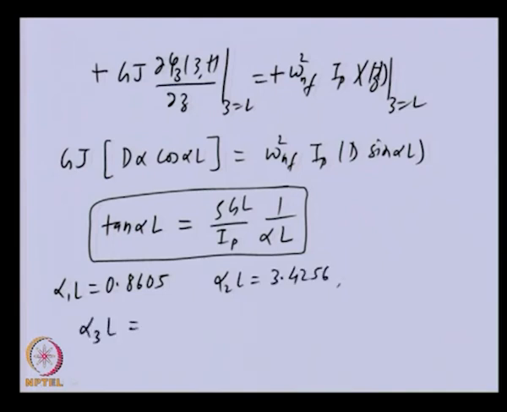The first 3 solutions are these, and once we obtain this, because we know alpha and omega n are related, the natural frequency can be obtained. But you can appreciate that with the addition of the mass itself, the frequency equation which was earlier simpler has now become a transcendental equation, and the solution of those roots is not easy.